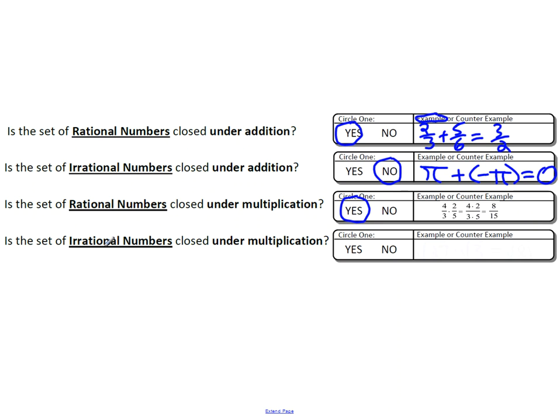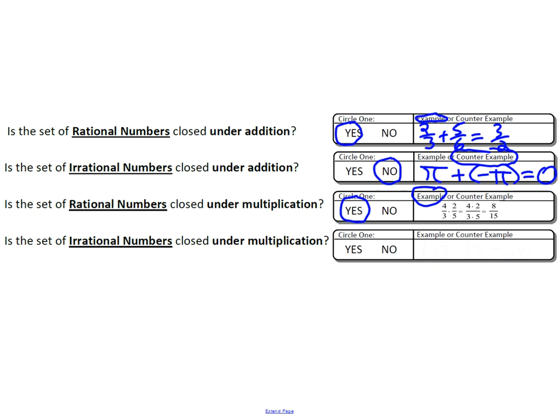Last one. Is the set of irrational numbers closed under multiplication? Well, let's try to think of some examples. Sorry, this last one as well was an example, and this is a counterexample, just to be clear. So, is the set of irrational numbers closed under multiplication?